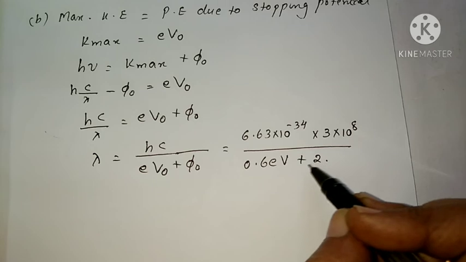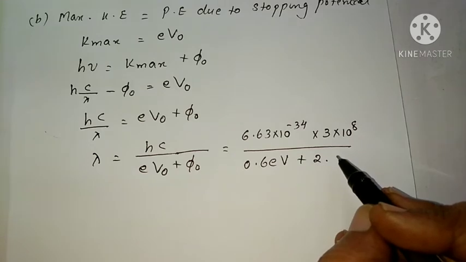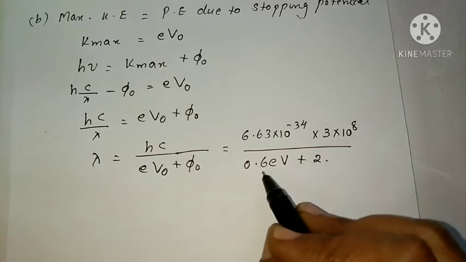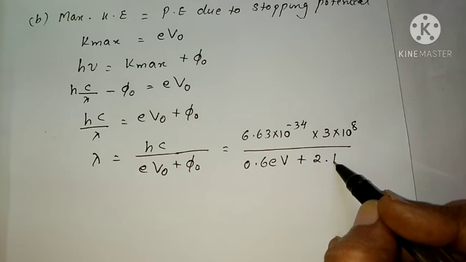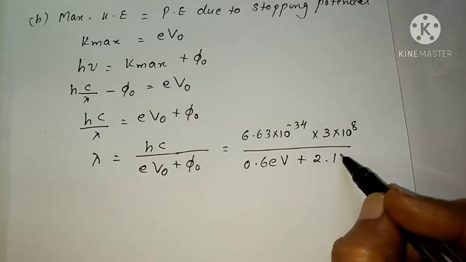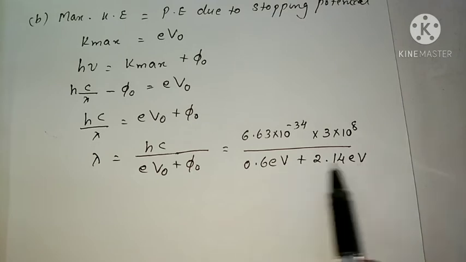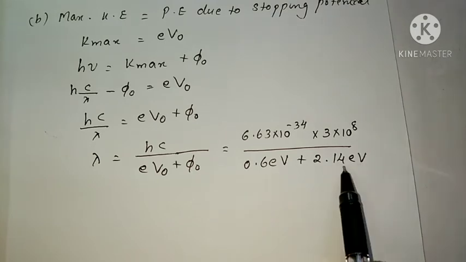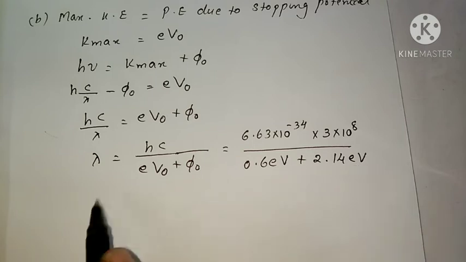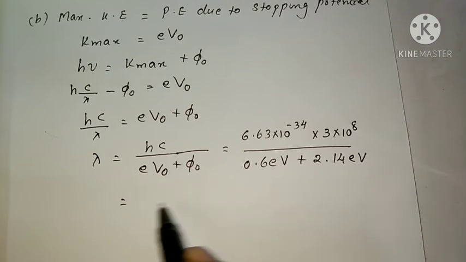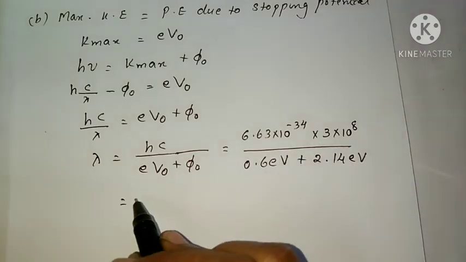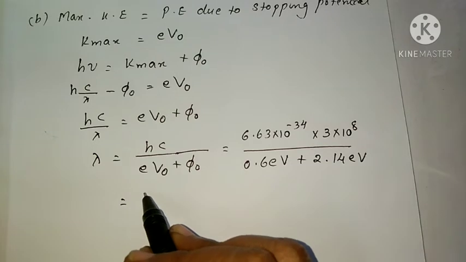So there is no need of changing that into joule. After adding 0.6 and 2.14, you can change it into joule. So both are in electron volt, 0.6 plus 2.14 electron volt. Then after that we will multiply this one.